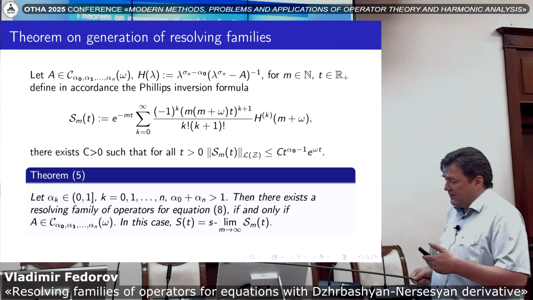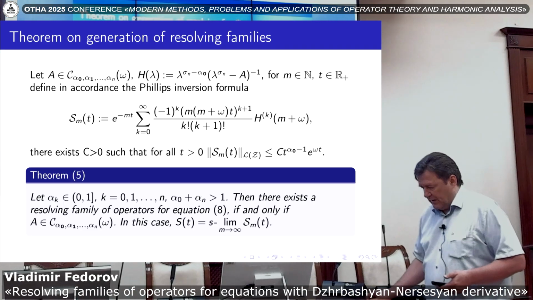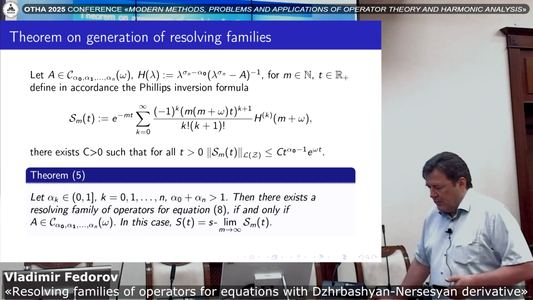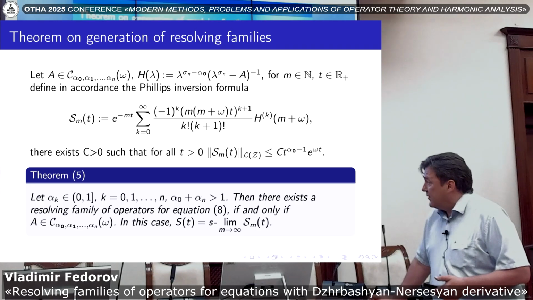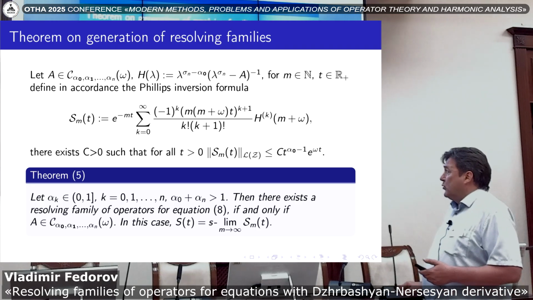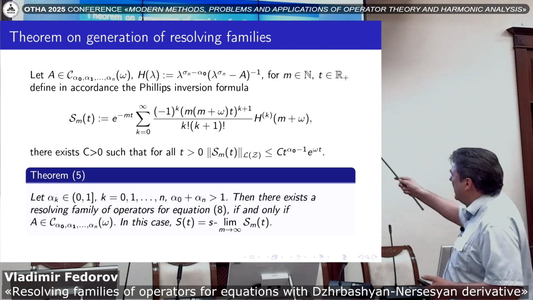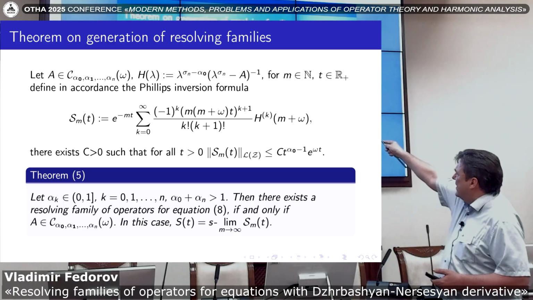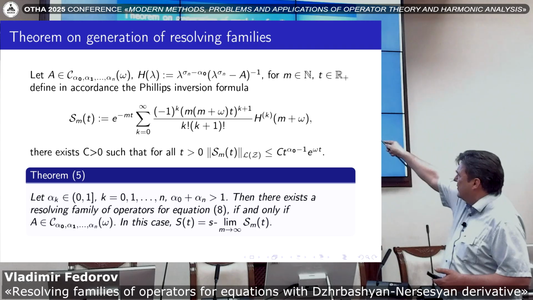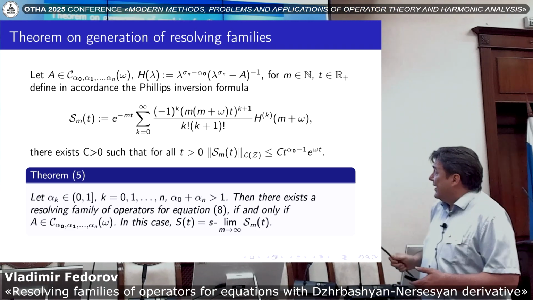But the inverse assertion is very difficult to prove. We know that operator A is from our class, so we have the family of operators, the resolvent of operator A at the point lambda to the power sigma n, multiplied by another power function.